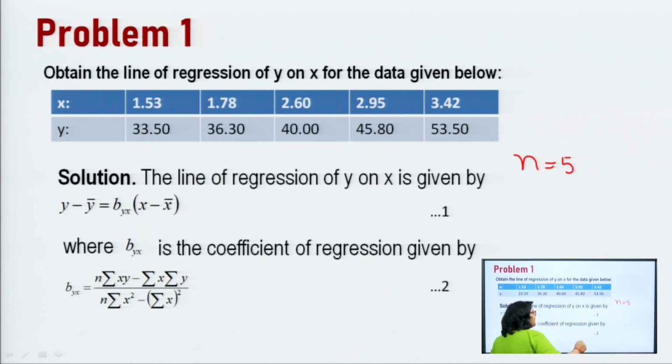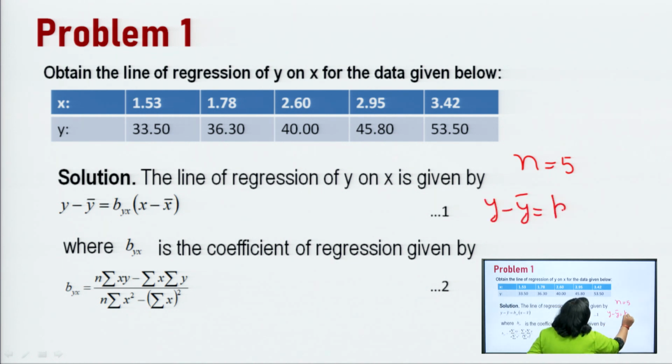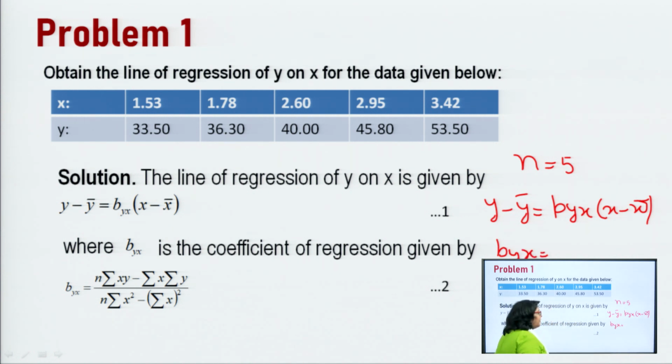So, firstly write the equation y minus y bar is equal to byx times x minus x bar, and the value of byx. We know the value of byx in the form of summation xy, and we do not know the values of x bar, y bar, summation xy and summation x square.